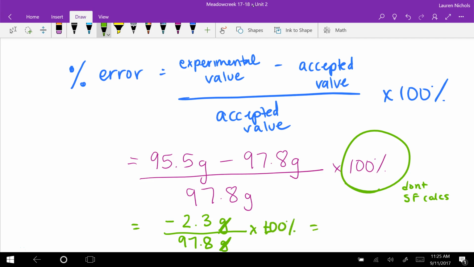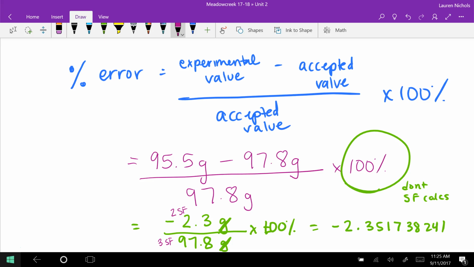And so negative 2.3 divided by 97.8 times 100 in our calculator is going to give us negative 2.35173824, which is a lot of numbers. So we know that we need to use significant figures. 2.3 has 2 significant figures. 97.8 has 3 significant figures.